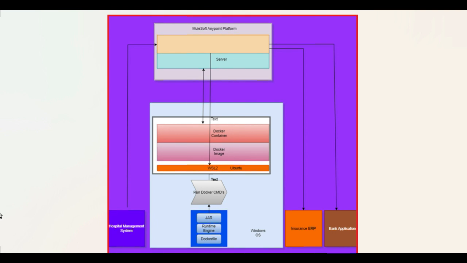Let me walk through the workflow. The web service project jar, Anypoint runtime engine, and created Docker file are converted into a Docker image using a Docker command. The created Docker image is used for creation of a Docker container.